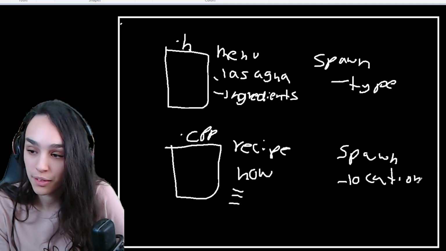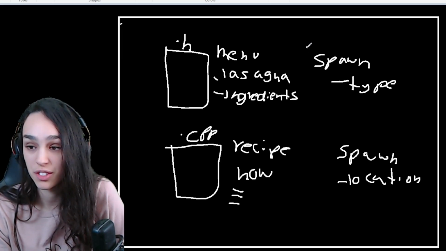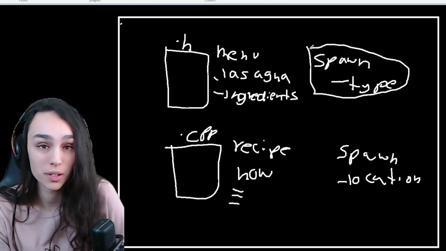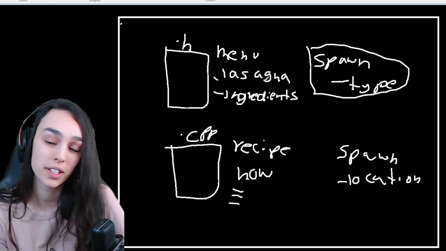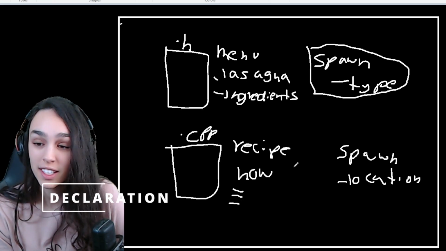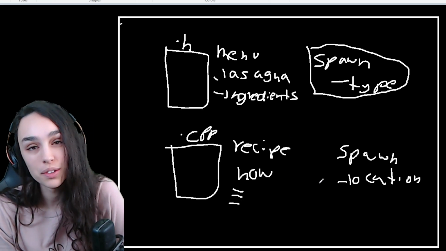But you don't need to know all of those details. You just need to know that you can call this piece of code. So in coding terms, this code here is called a declaration, and this code down here is called the definition.